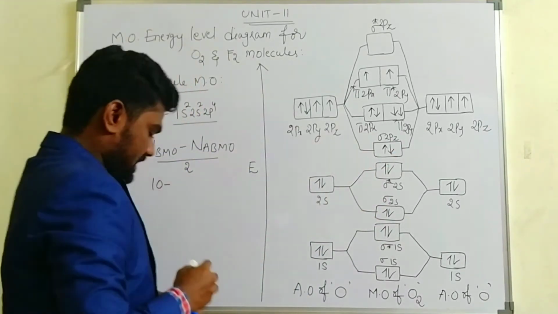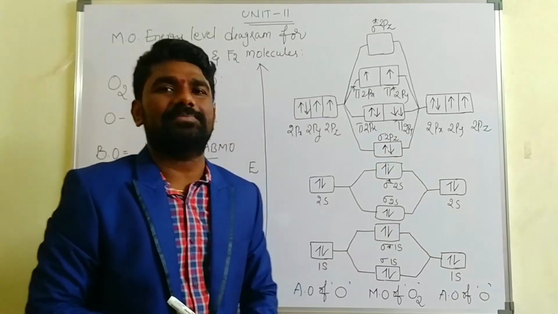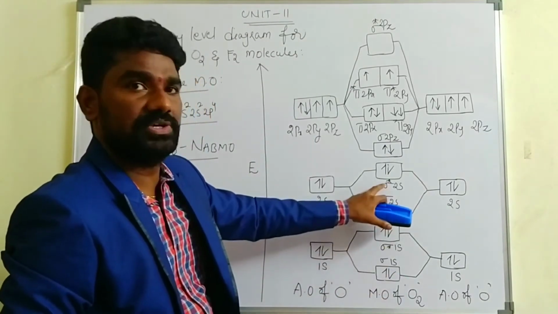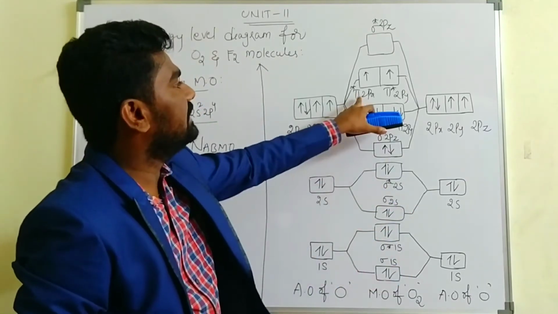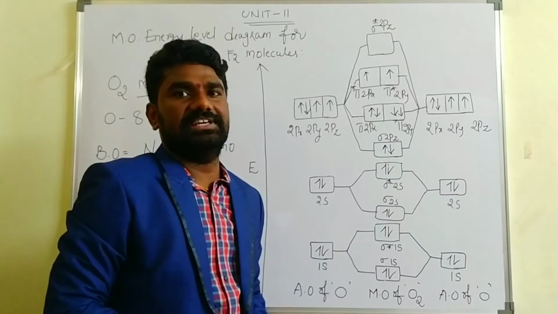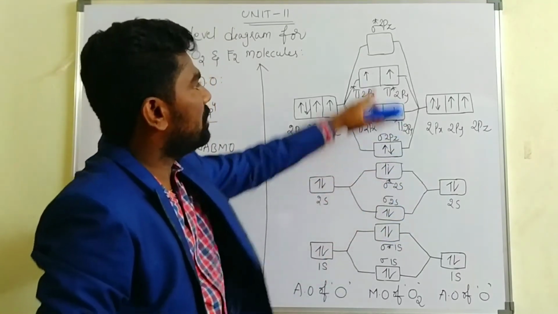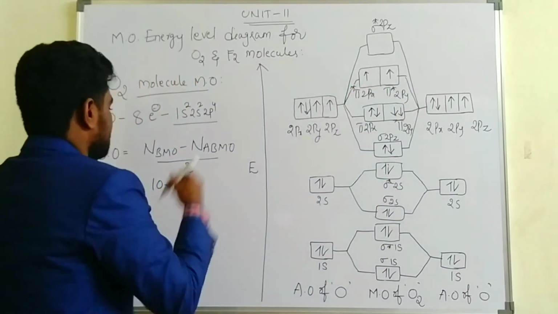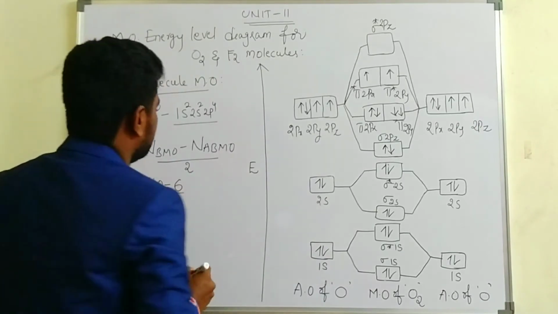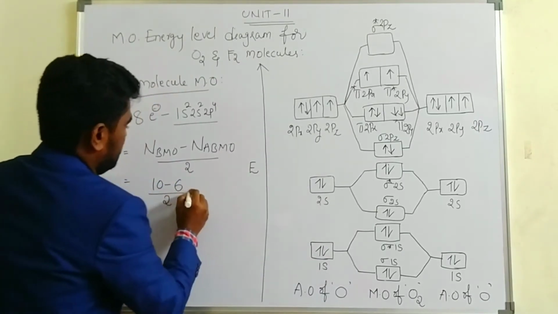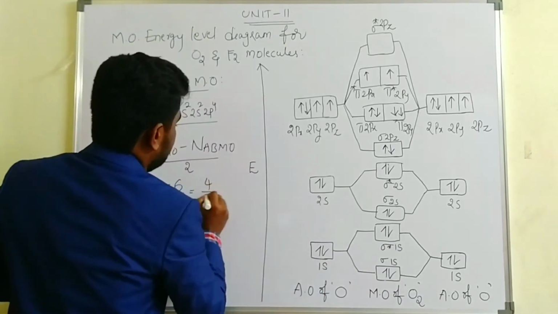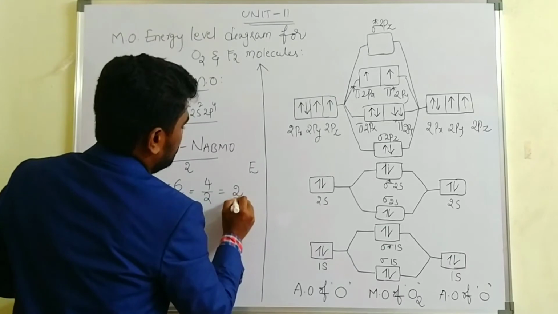And how many anti-bonding electrons are present? 2 in sigma star 1s, 2 in sigma star 2s, that is 4, and 2 in pi star 2px and pi star 2py, one electron each. So 4 plus 2, 6 electrons in the anti-bonding molecular orbitals. 10 minus 6, 4, divided by 2 equals 2.